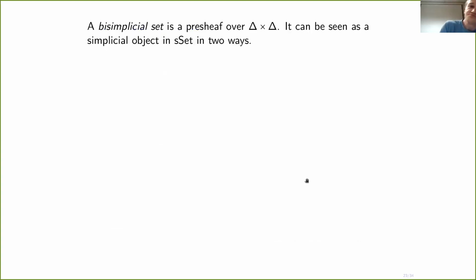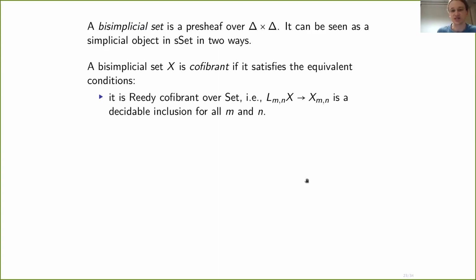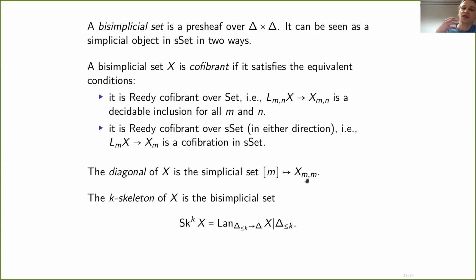Okay, so very quickly, let me say something about bisimplicial sets. These are presheaves over delta cross delta, or simplicial objects in simplicial sets. And well, let me start skipping stuff. There is a notion of cofibrancy, which is similar and built in the same way as the notion of cofibrancy that we discussed for simplicial sets.